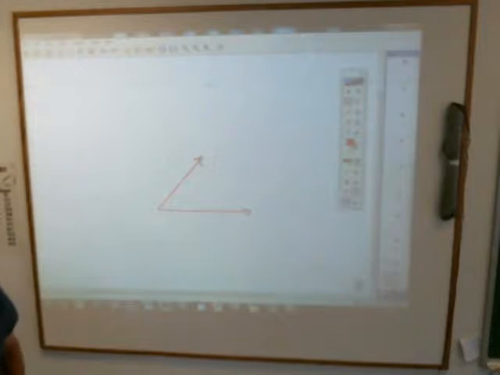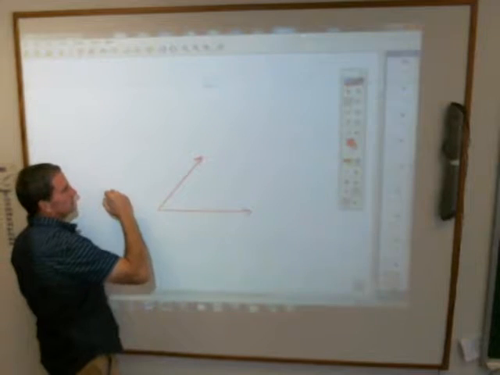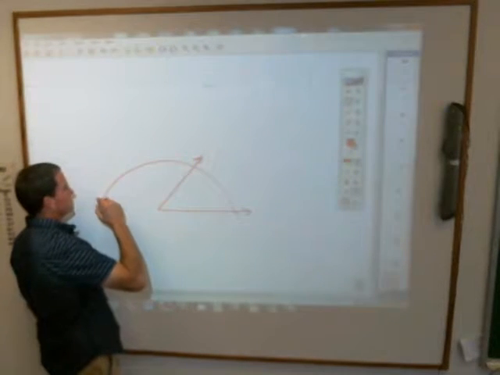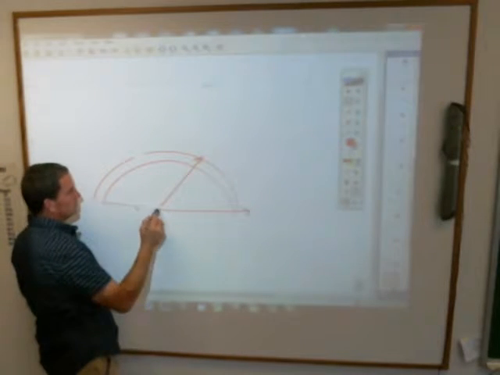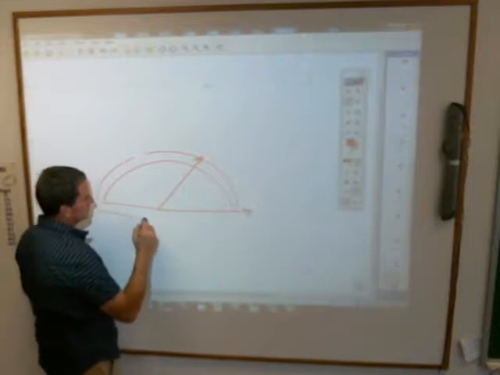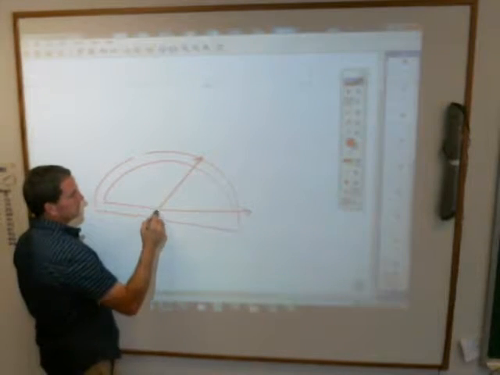It crosses that protractor at, you got your little protractor that goes like this.